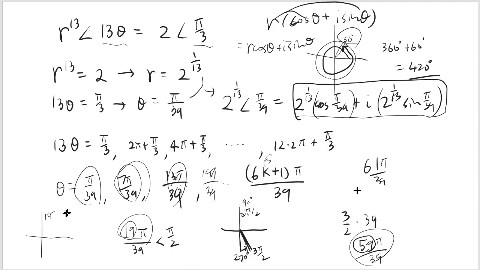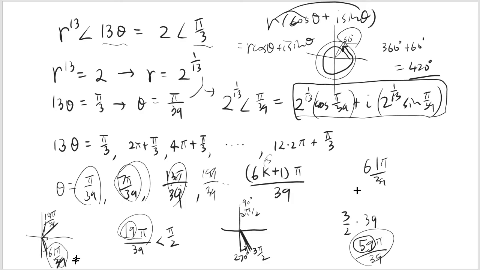So 19 pi over 39 would be the closest one, and then there's 61 pi over 39, which is slightly more angle from the 270 degrees, but 13 pi over 39 is much more. So if you're looking for the one that has the second smallest positive one, you would look for this one after comparing all these angles.